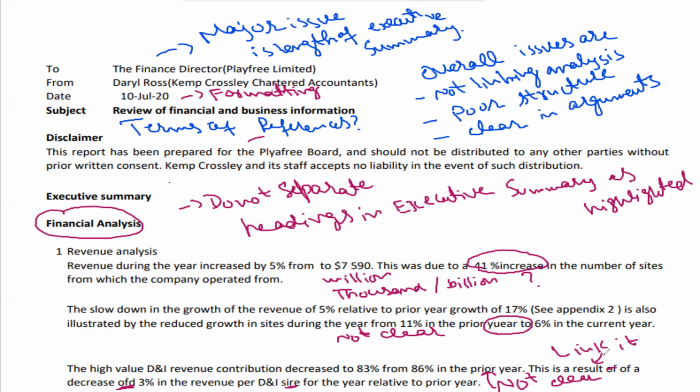Here you have not linked up the information. So this is just a snapshot, a sample of how I am going to evaluate your assignments. In this way, I am going to evaluate and provide a detailed feedback for all of your assignments to all of you one by one.